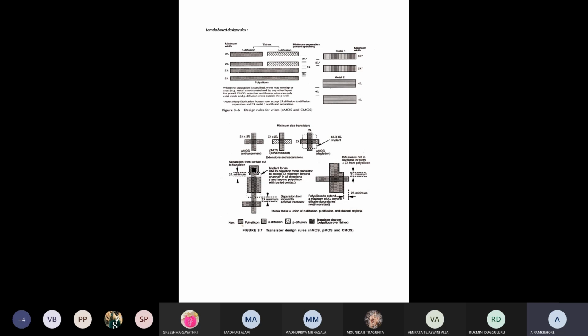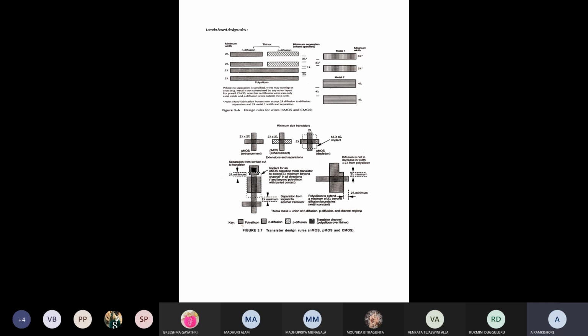While we are learning the stick diagram and the layout diagram, we must work and practice with a pencil, so that you can draw very efficiently in the examination. At the last pages of the Pucknell book, you will also see different stick diagrams and layout diagrams.